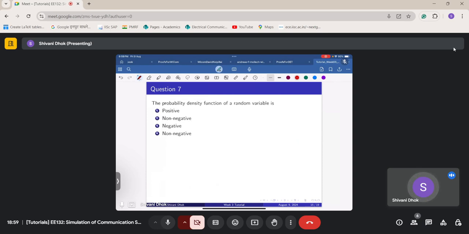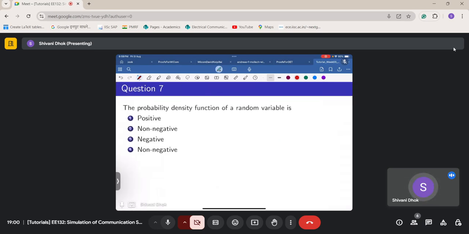So what we have here is, the question says that the probability density function of a random variable is positive, non-negative, negative, or non-negative. Okay. So this f of x, so for a continuous random variable, let me write it in this way.